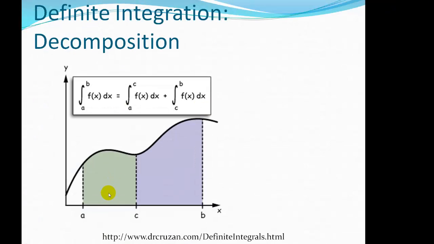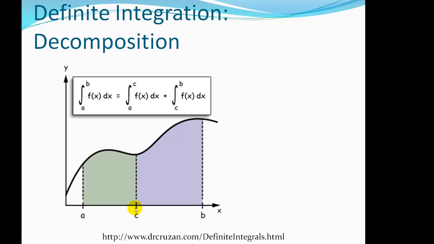If we have a function that is broken up into parts, in other words, we have an interval from a to b, where a and b are the lower and upper limits of integration, and we're finding the area of this function, then the integral from a to b over the entire interval is equal to all the subintervals added together.